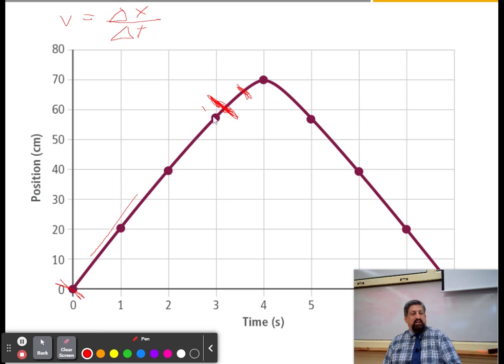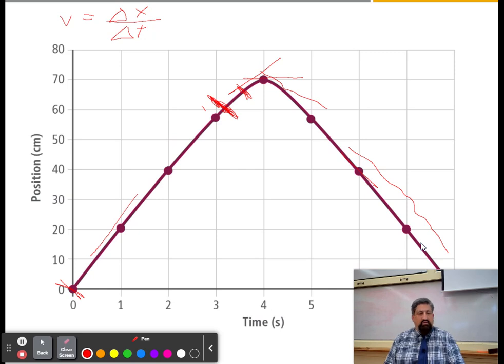We can see that the slope is decreasing until it gets down to a slope like this. That was a terrible line, I'm sorry about that. But we can see that the slope is constant, and then it starts decreasing, and it continues to decrease until we have a negative slope.